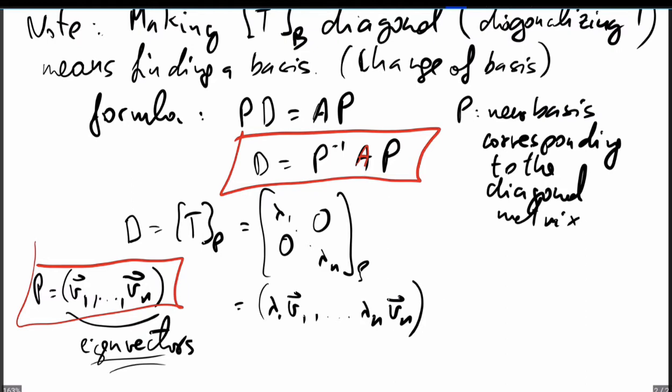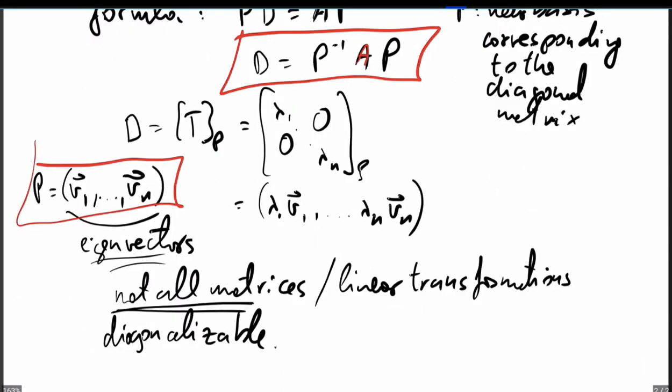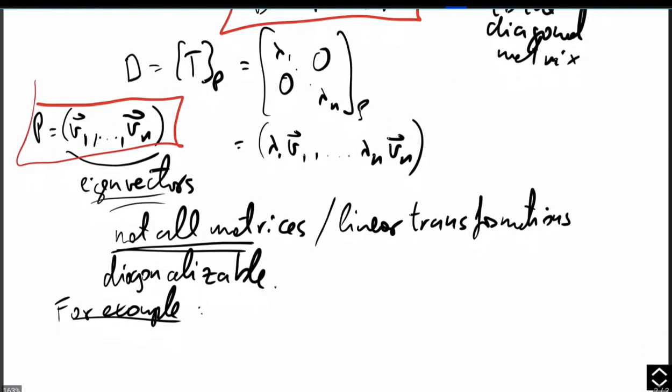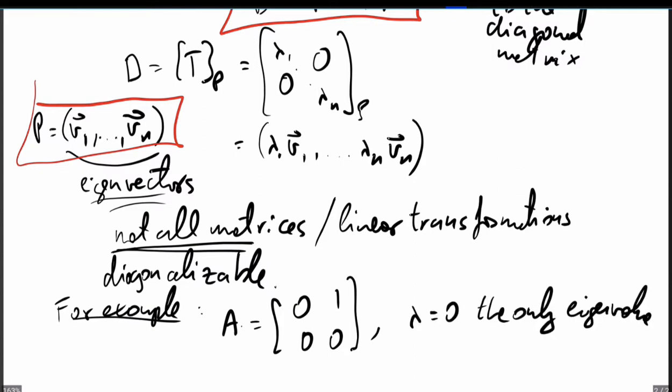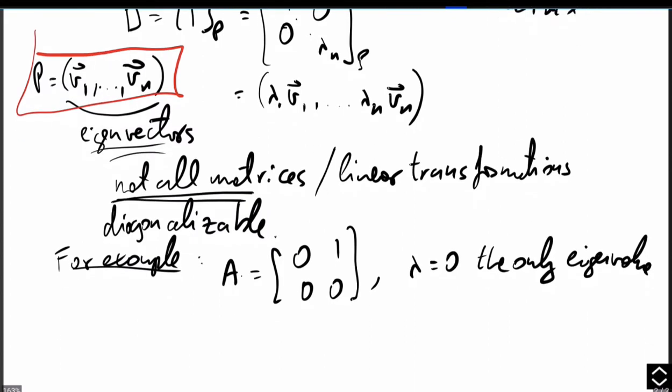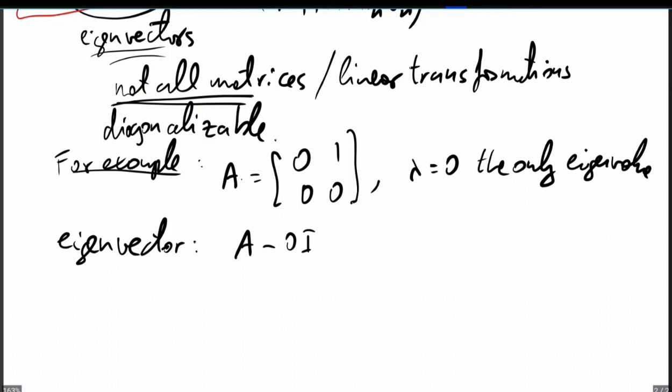We cannot always diagonalize a matrix. For example, if you consider the A matrix 0, 1, 0, 0, so this is not a diagonal matrix. If we try to diagonalize it, the only eigenvalue is 0. If you look at the eigenvector equation, A minus 0I times x equals 0, but then this is really Ax equals 0.